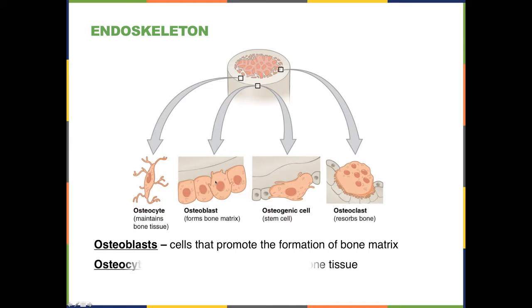The second cell is called an osteocyte, and here's the osteocytes. The osteocytes tend to be within the bone matrix, in the area between the outside of the bone and the inside of the bone. And these are mature bone cells that maintain the bone tissue.